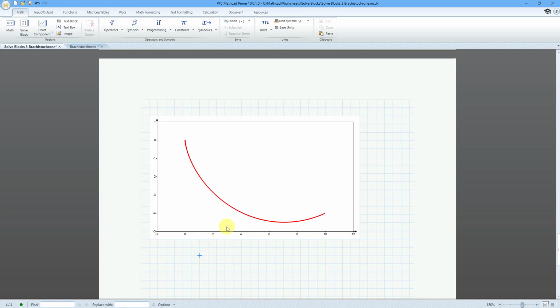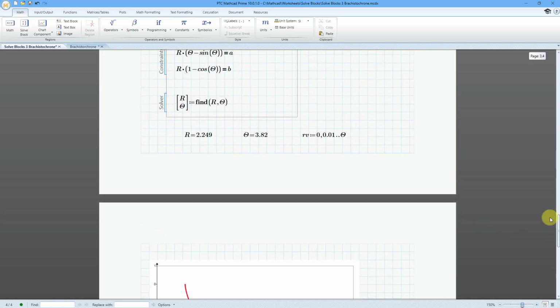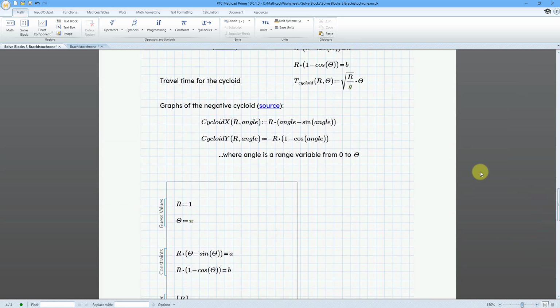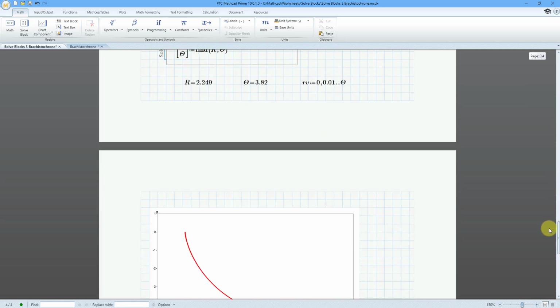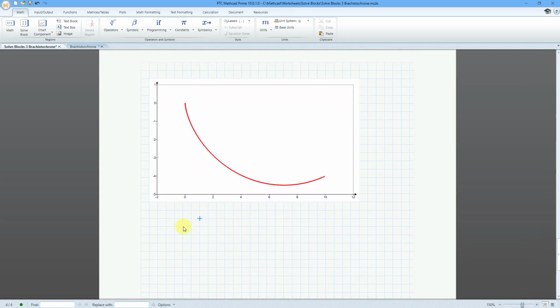If we want to see what that time is going to be, let me scroll back up and remember what the function was. Okay, T cycloid R theta. So let me evaluate that. Let me type in T, and then for the subscript, I will use Control- and type in cycloid, and then open parentheses, R, comma.